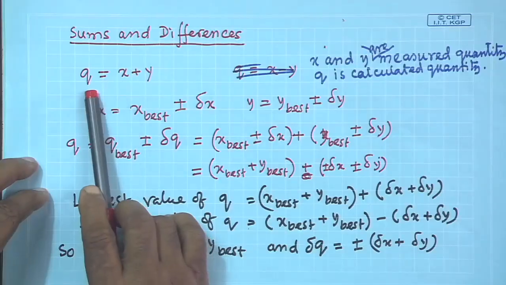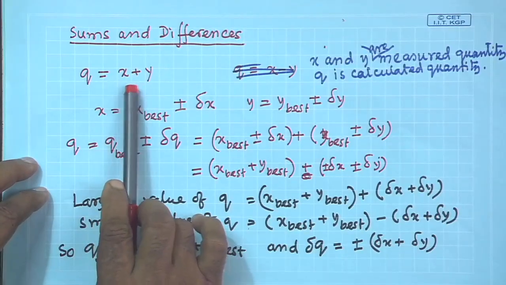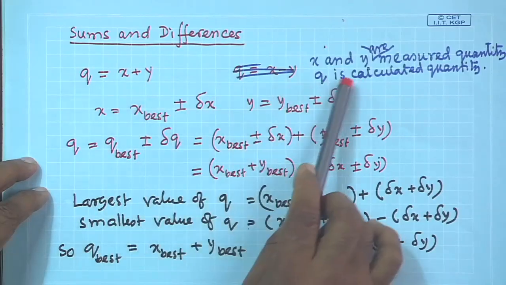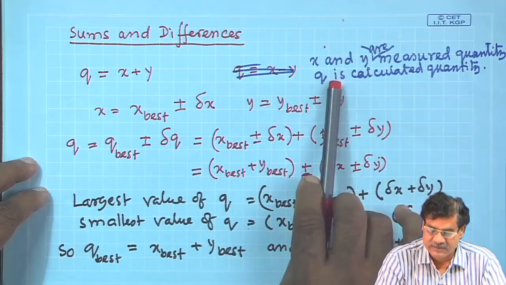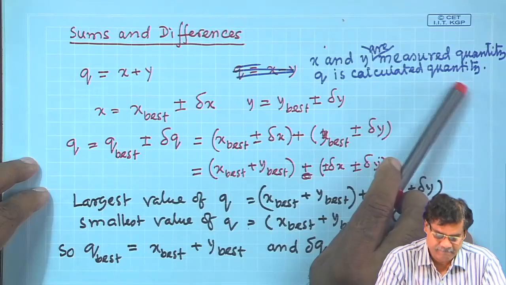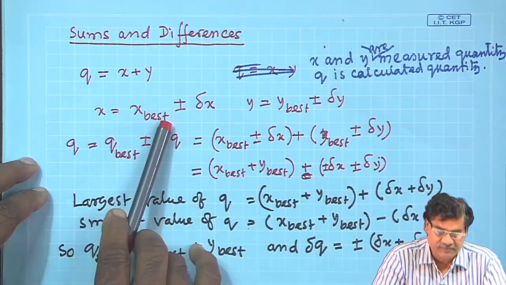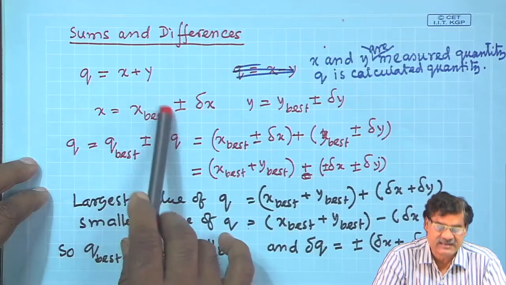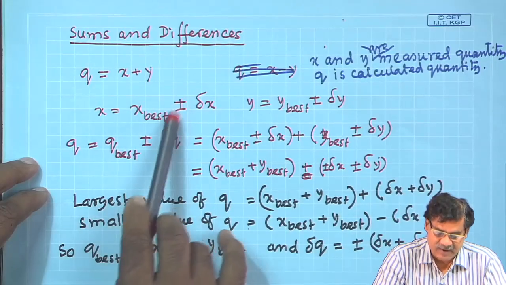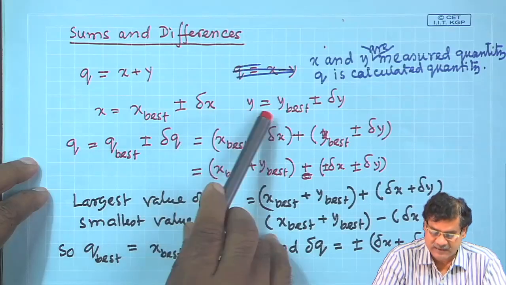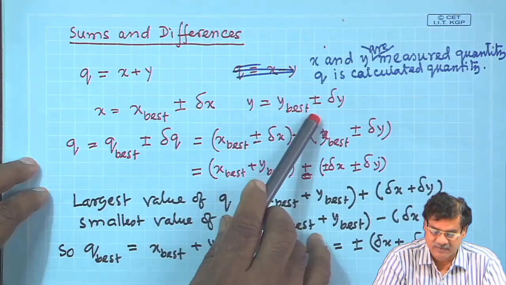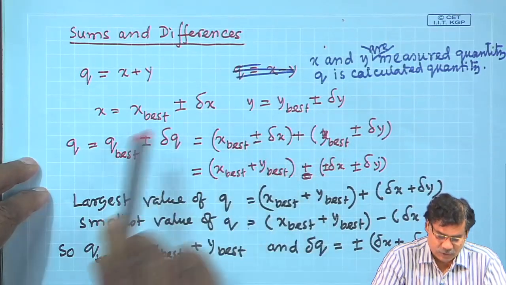In case of summation and difference, say q equal to x plus y. Here x and y are the measured quantities and q is the calculated quantity. We generally express x as x best value plus minus uncertainty delta x, and similarly y best value plus minus delta y.